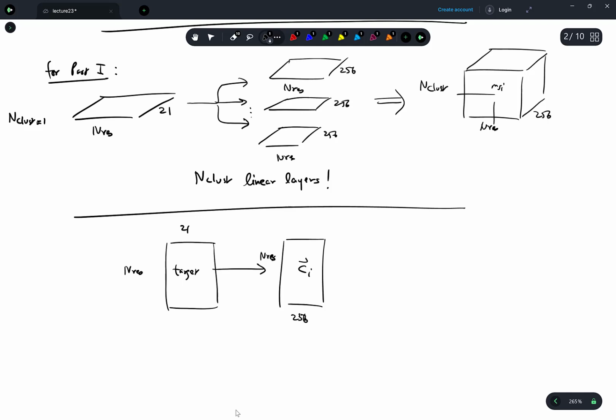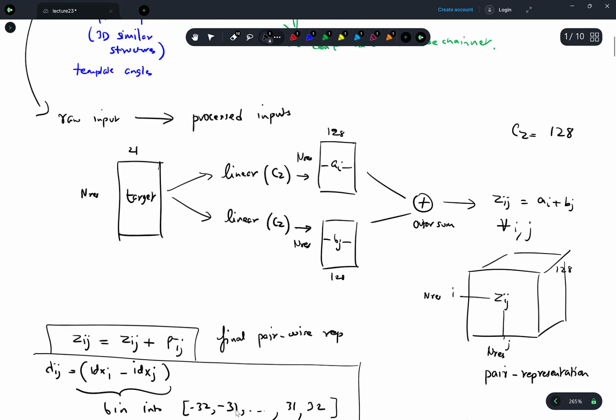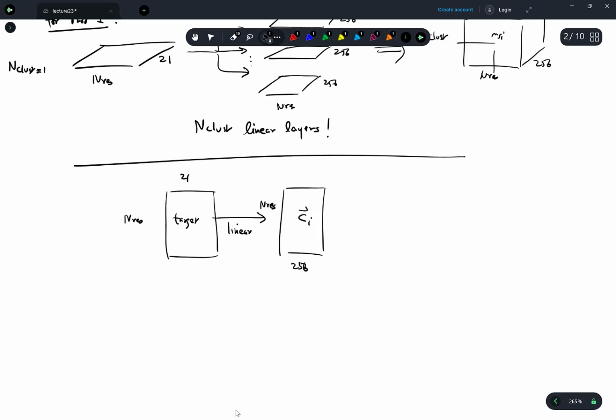So I'm doing the same projection that I did before. Just to back up: initially, when you created the pairwise representation, you just project AI and BJ and then do an outer sum. This was in 128-dimensional space. Now we do a third linear on the target information, which is just the one-hot input encoding for the sequence, but you project it into 256-dimensional space, and now I simply add them together.